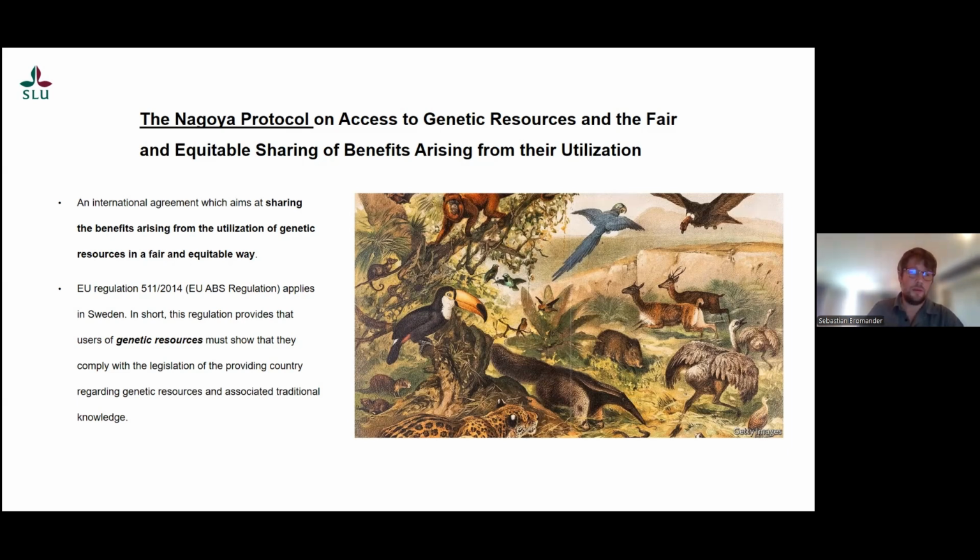I think the most practical approach to define what is a genetic resource is to think of it as everything except what is explicitly written out in the regulation as not part of the Nagoya Protocol. For example, pathogens and things related to the human body. Otherwise, mostly all material is seen as a genetic resource when you're working with the Nagoya Protocol.